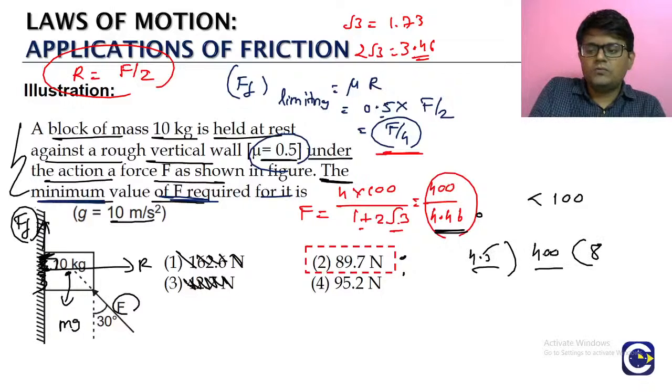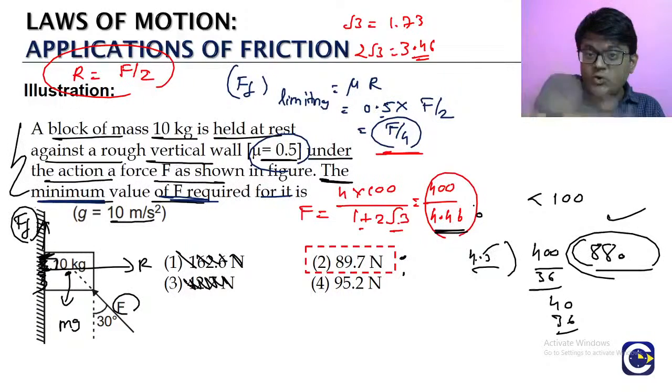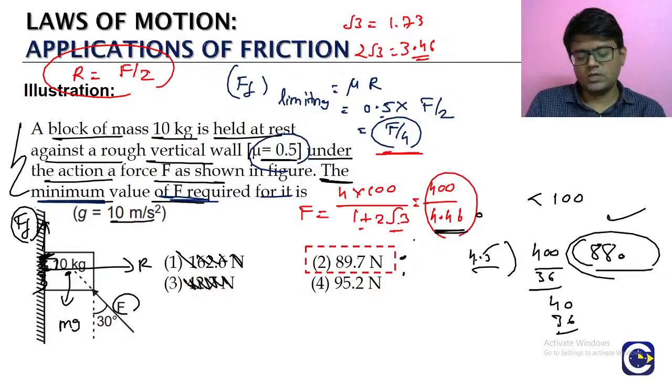So 4.58 will be what? That will be 36. Then we'll get another 8. So we'll see that this crude division itself will be giving us what? We are not taking 4.46, we are taking 4.5. We are taking a higher value. That's why we get 88 point something. If we take 4.46 means we'll get a value more than 88 point. That will be close to what? 89.7. Okay. So check it up, guys. We should be getting the answer close to 89.7.